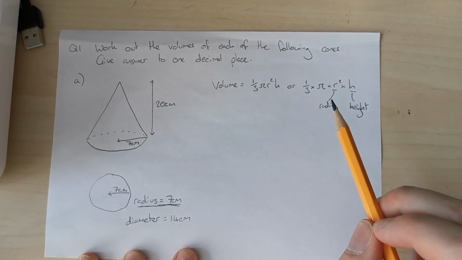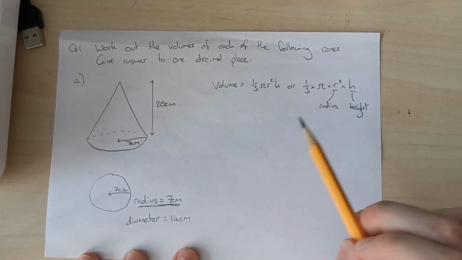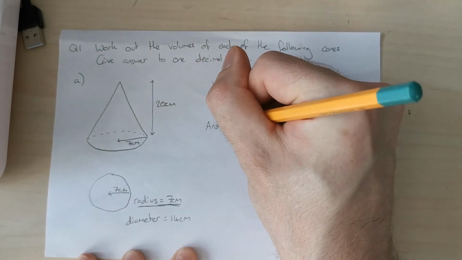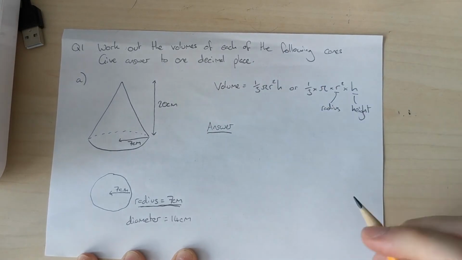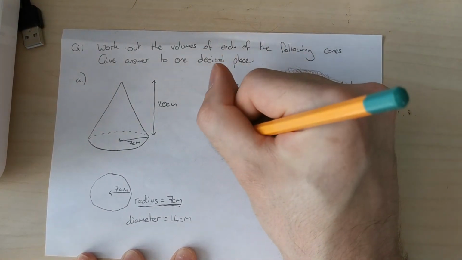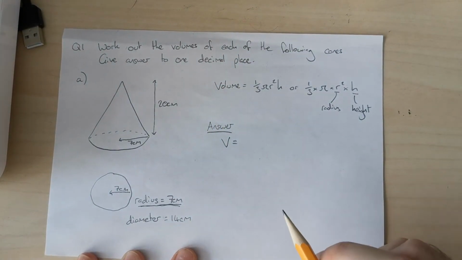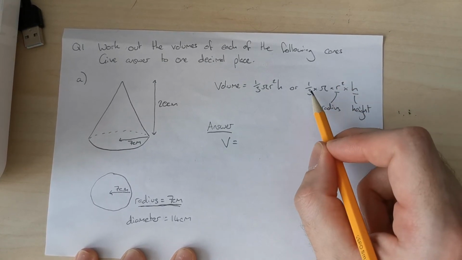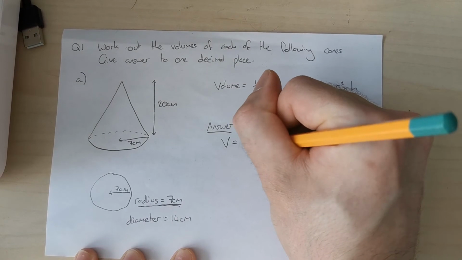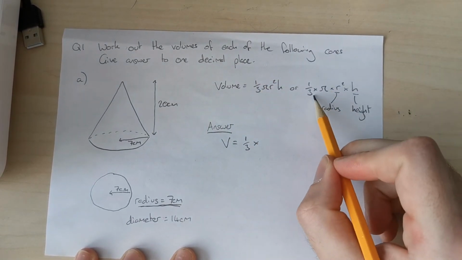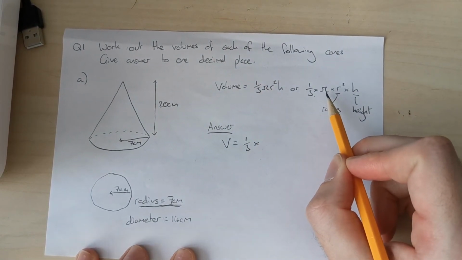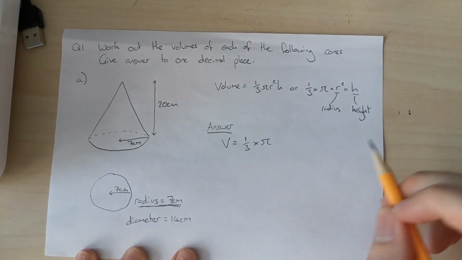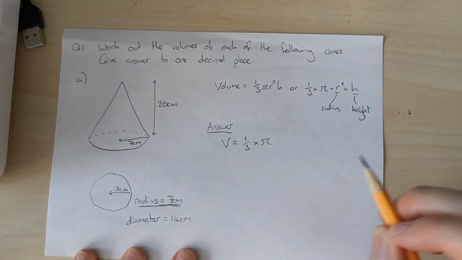Before we use the calculator, I'm going to write down what I'm going to put into it. For my answer, to find the volume, I'm going to write V for volume, just to keep it shorter. We're going to put 1/3 times pi. Pi is a special number we can find on the calculator; it's about 3.14 and it keeps on going.